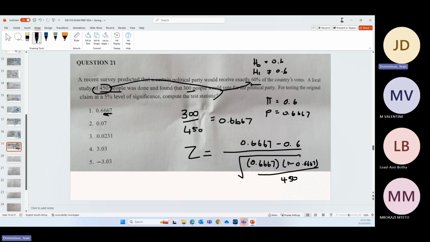It has a connection with the 300. Okay, and if you work that out, our answer will be 3.03. Okay, so this one was a bit of a tricky one that we needed to work out.